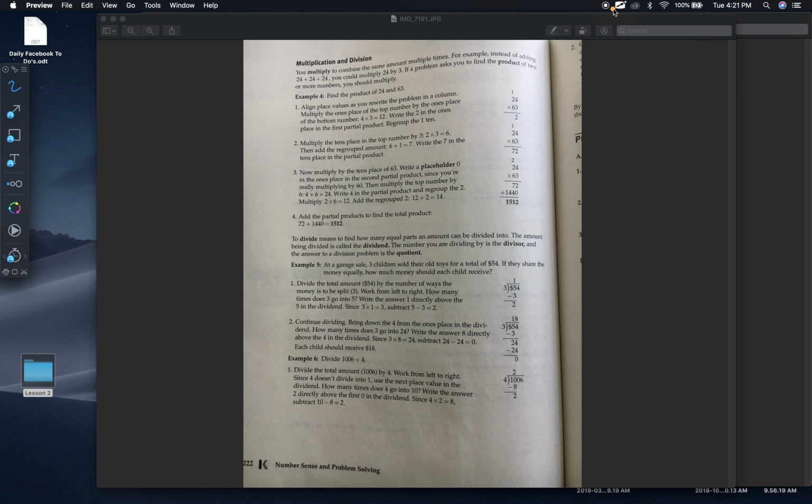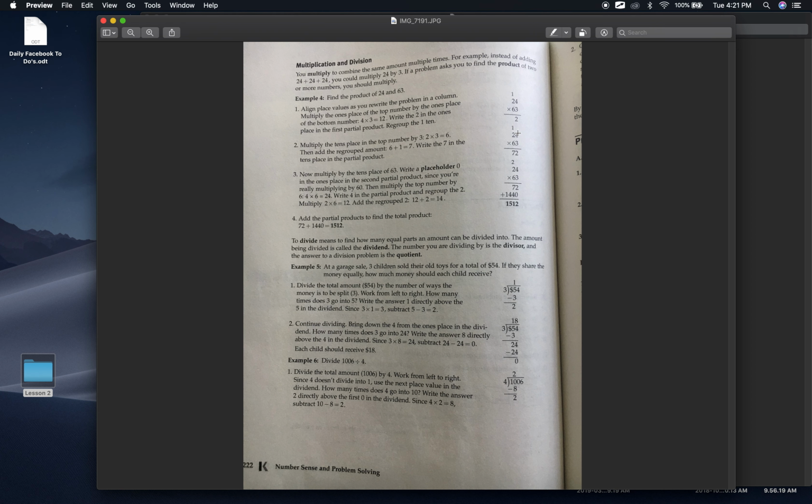As you see, you have 3 times 4 is 12. Since you can't put 12 here, since it can only take one place value, just like in the addition problem, you put the 2 here, you carry the 1.